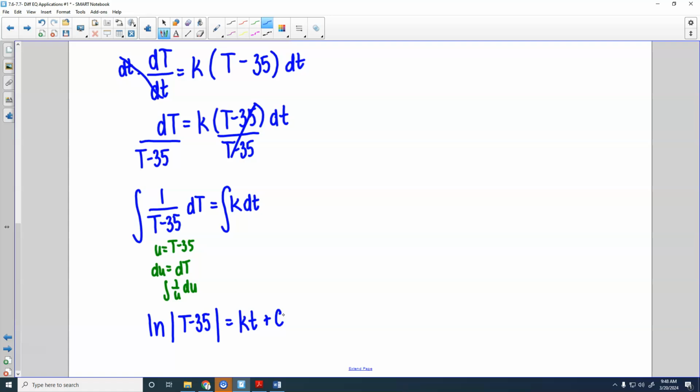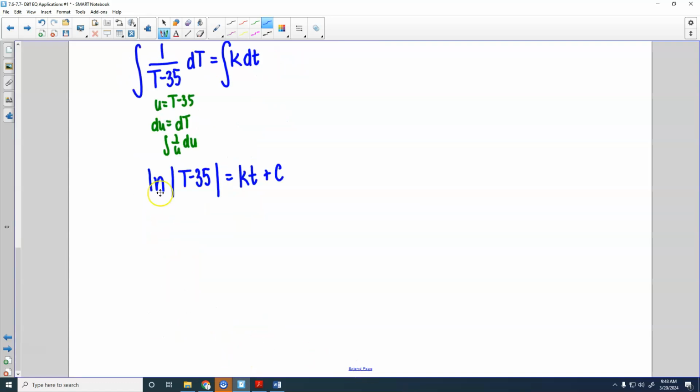All right, is everybody with me here? Now, our lives will be easier if we solve this for T. So I'm going to do e to the power on both sides. That'll cancel over here. I'm going to get capital T minus 35. I'm dropping the absolute value bars because the C is going to take care of it.